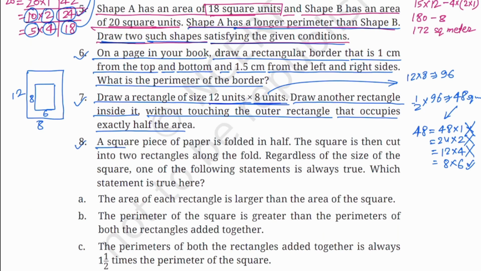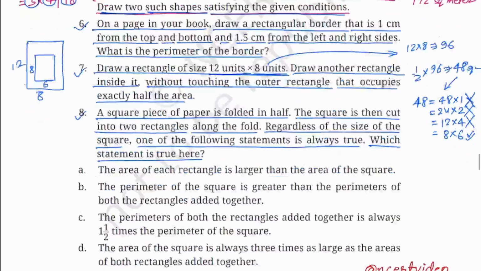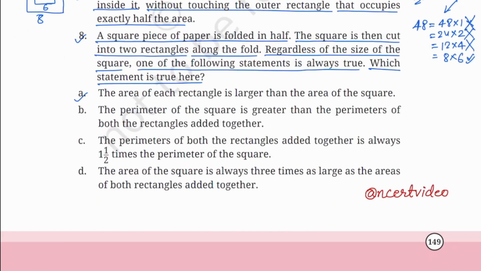8. A square piece of paper is folded in half. The square is then cut into two rectangles along the fold. Regardless of the size of the square, one of the following statements is always true. Which statement is true here? A. Area of each rectangle is larger than the area of the square.